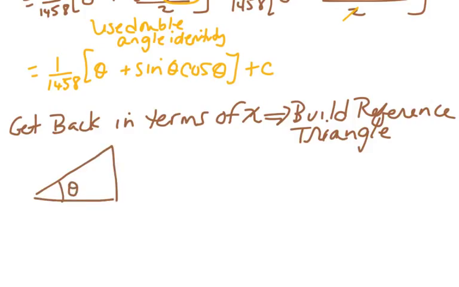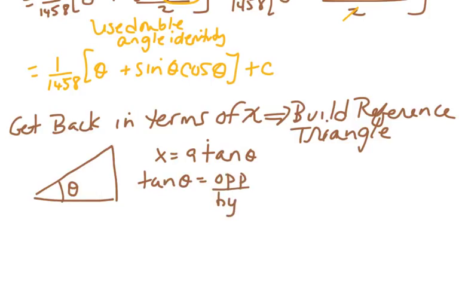You've got your angle theta, and remember the substitution we used here was x equals 9 tangent theta. And tangent of theta, we all know, is opposite over hypotenuse. I'm sorry, opposite over adjacent. Yeah, we all know that, right? Except when you're tired. Opposite over adjacent.